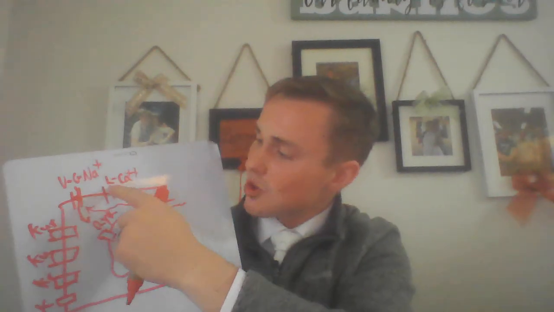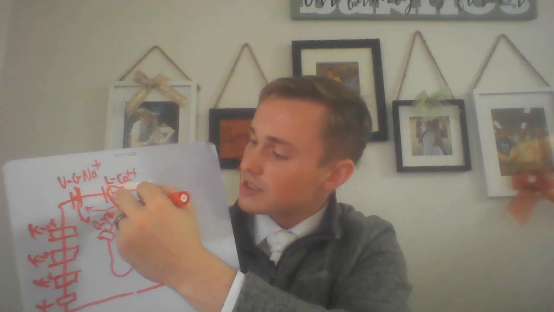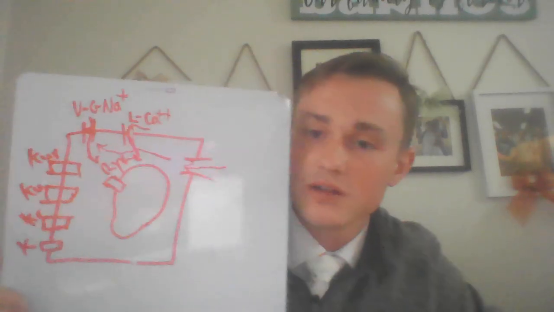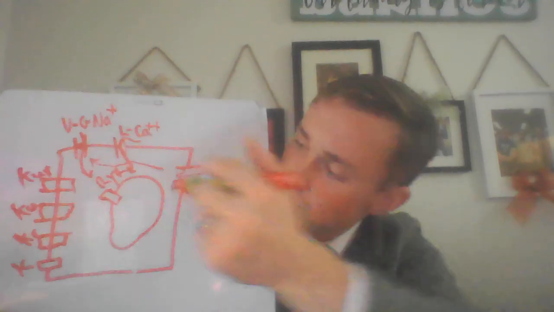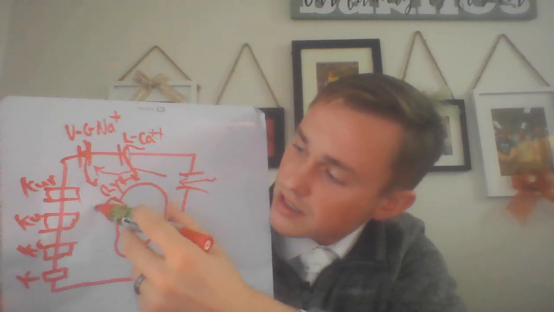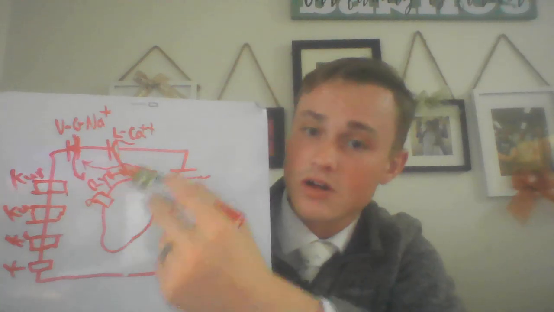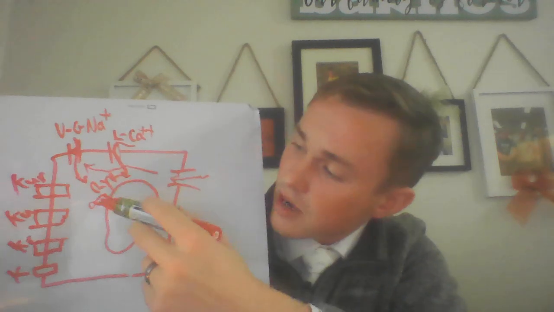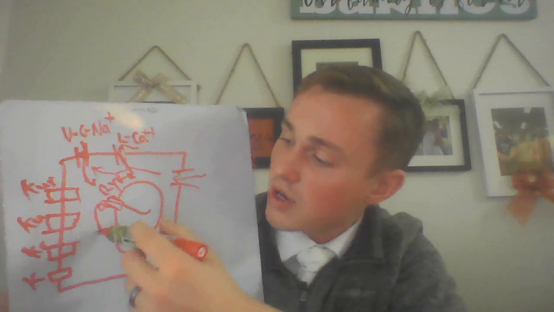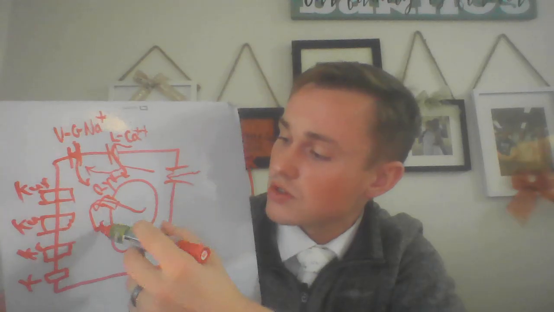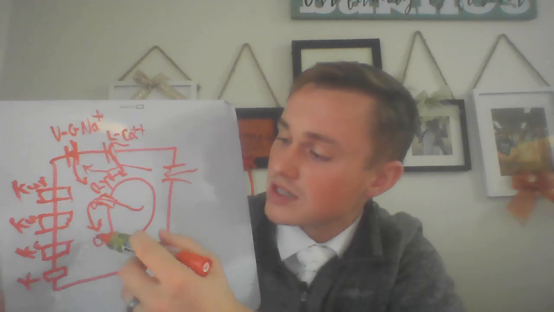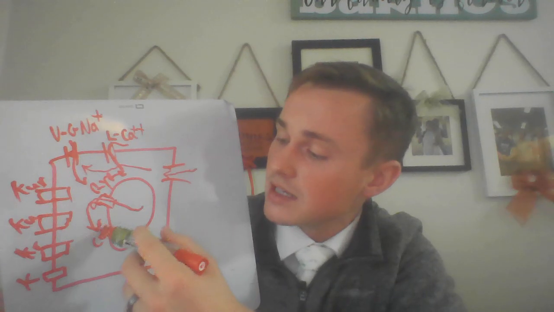But once it is open, we have calcium rush in, and just like we saw in the autorhythmic cells, that calcium connects as a ligand to the RYR channel on our SR, and that opens the RYR channel, which allows even more calcium to rush out of our sarcoplasmic reticulum into the rest of the cell, and it initiates contraction.